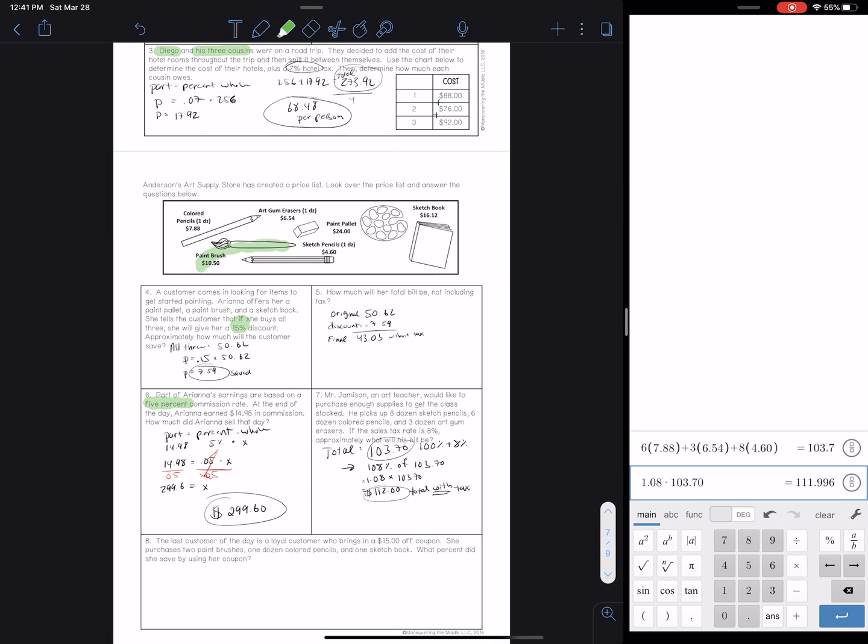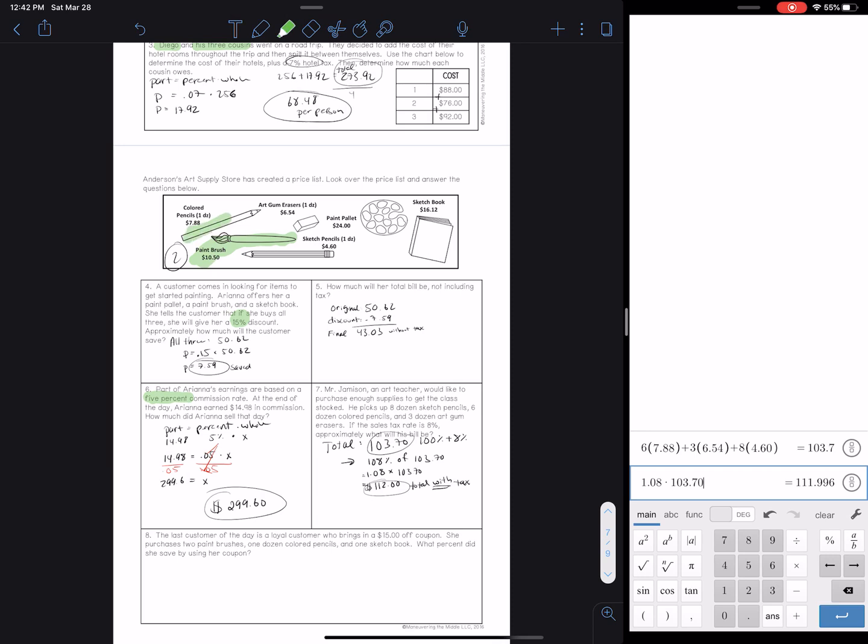So, paintbrushes, 2, and then she purchases 1 dozen colored pencils. So that's just 1 box of colored pencils because each one carries a dozen. So just 1 of these. And then she purchases 1 sketchbook.